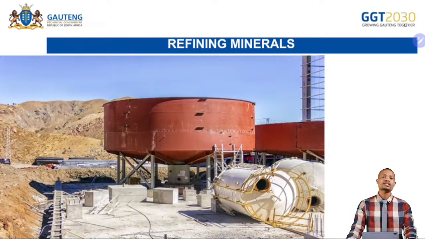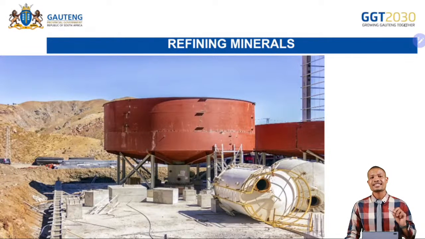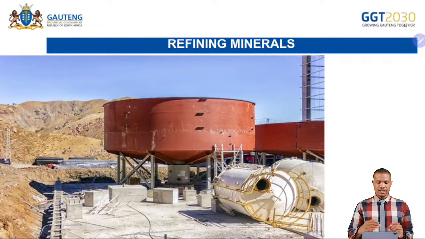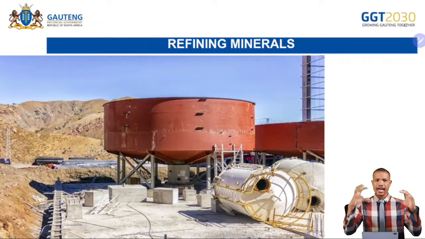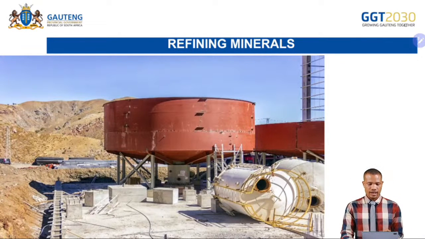For those of you who are interested in studying either metallurgy or chemical engineering, you would deal a lot with things like that. Okay, so imagine this is your flotation tank and we are adding the ore in there, and the denser components will sink to the bottom, while the lighter or less dense components will be collecting at the top.